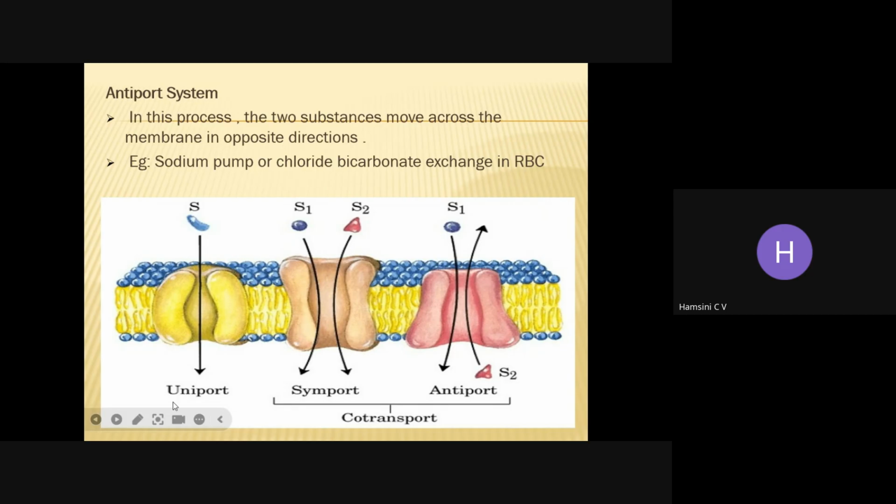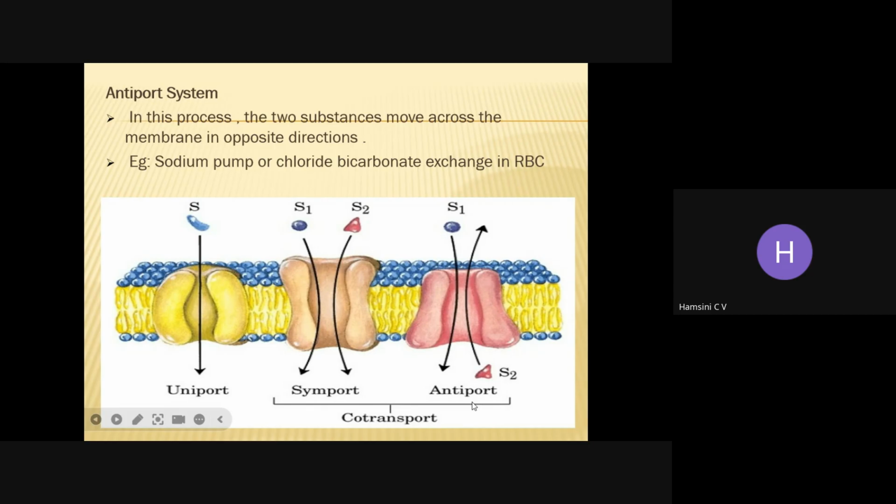Symport, where there are two different substances, or it could be the same substance, going in the same direction. See the arrow? Same direction, from outside to inside. But anti means against. Two substances are moving in opposite directions. That is the meaning of antiport. S1, S2, both are moving in opposite directions.